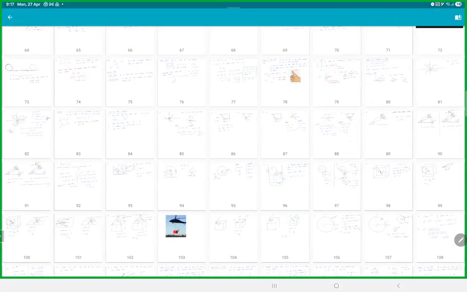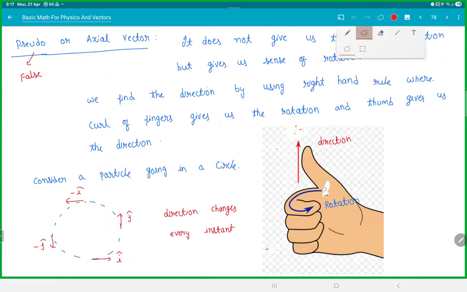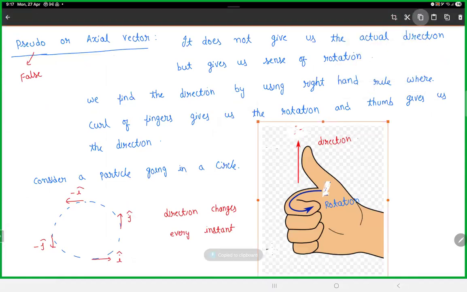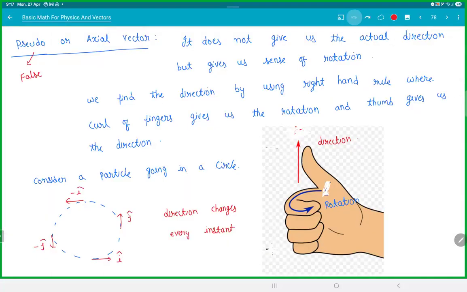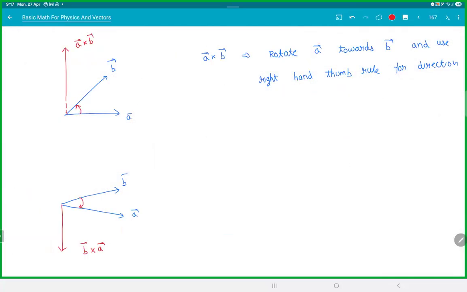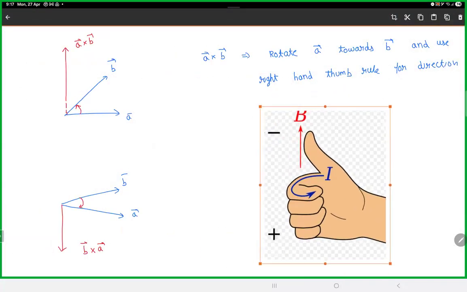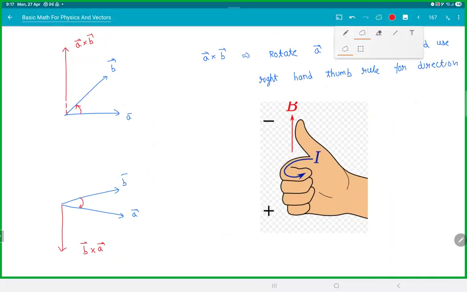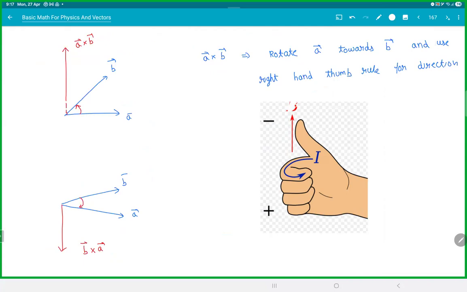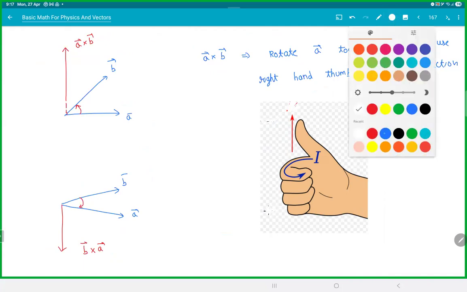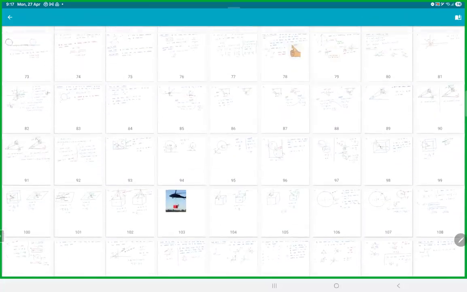Where did we do this? Here. This is page number 78.